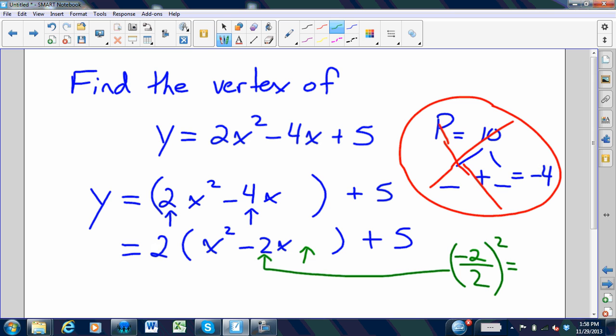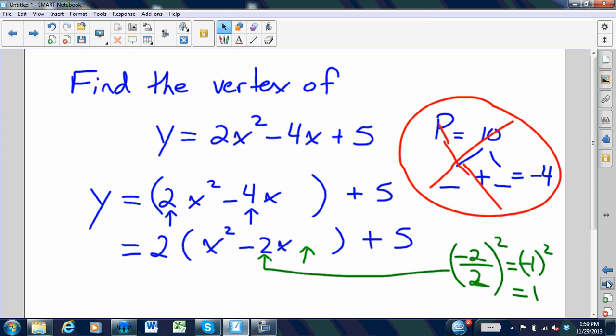And what we're actually doing here is creating a situation where we're going to have a perfect square trinomial show up in our bracket. So the number that we get is negative 2 divided by 2, which is negative 1. Negative 1 squared is positive 1.